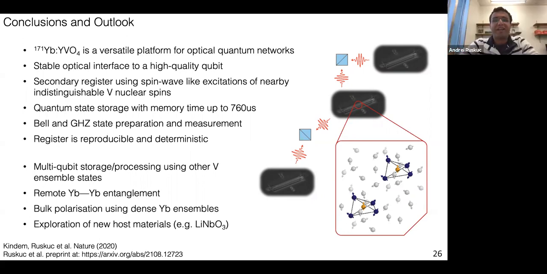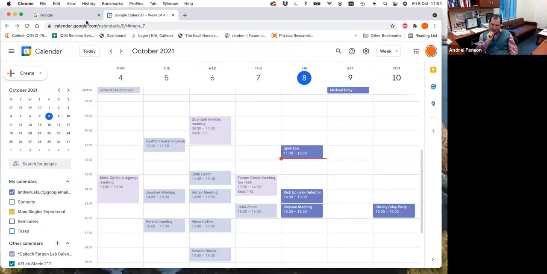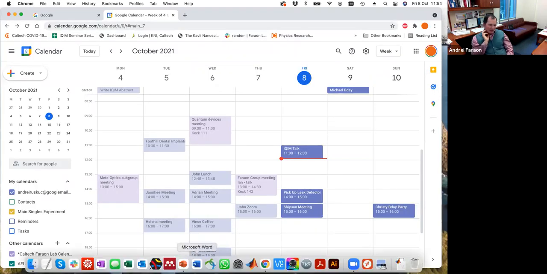We could do either. I think with the three-node, the entanglement rate is below a hertz, but the 2-node entanglement rate was tens of hertz. It is tens of hertz. Yeah, exactly.